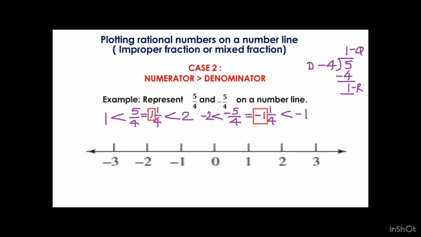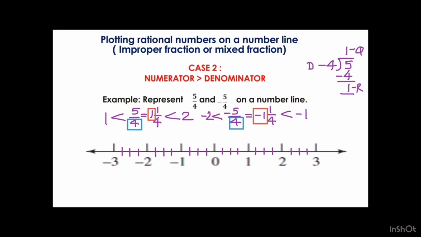In the given rational numbers 5 by 4 and minus 5 by 4, the denominator is 4. Since the denominator is 4, we need to divide each unit into 4 equal parts. So let's divide each unit into 4 equal parts in this way. Now you can see that each unit is divided into 4 equal parts.